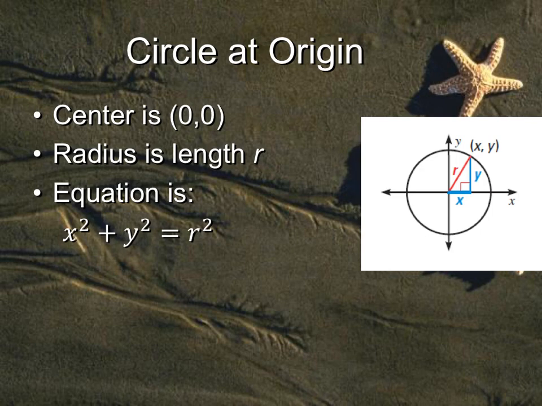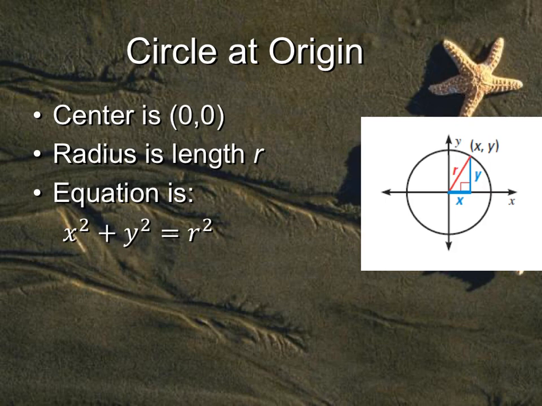So, the first part is the equation when the circle is at the origin, at 0, 0. When your center is at the ordered pair 0, 0, the equation for the circle is x squared plus y squared equals r squared, where r is the radius of the circle.